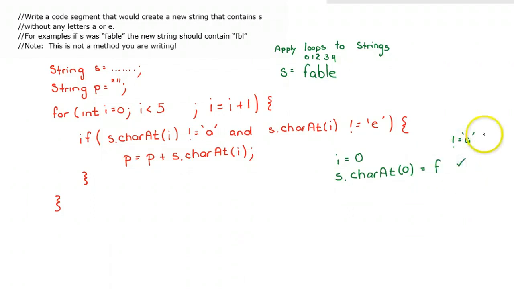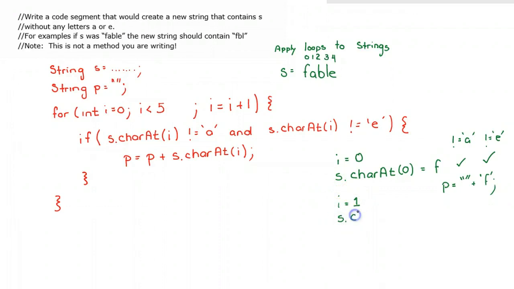Well, yes. Is F not equal to E? Yes. So therefore, P is equal to nothing, because right now nothing's in P, plus F. So then I becomes 1.